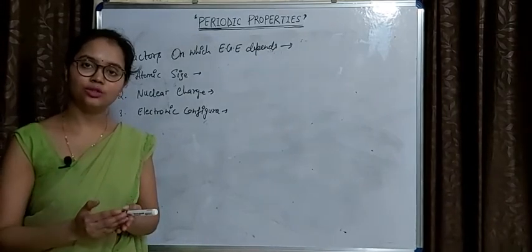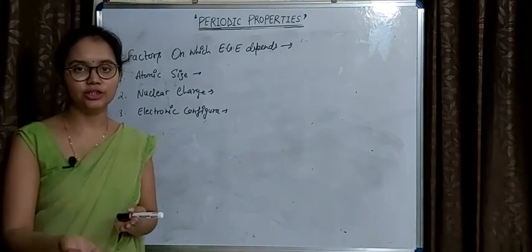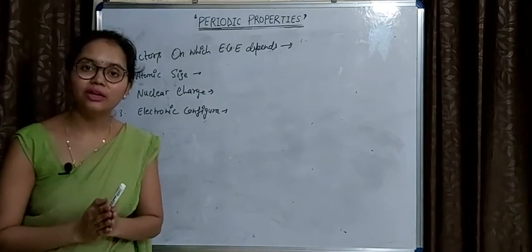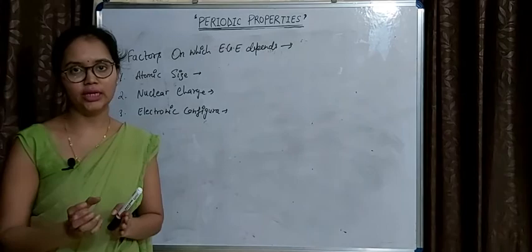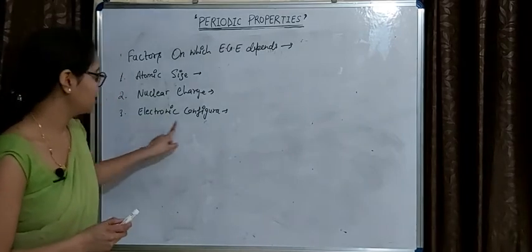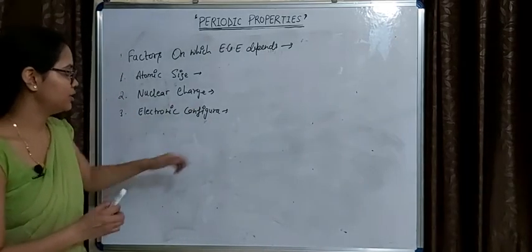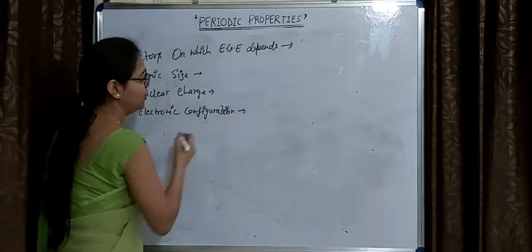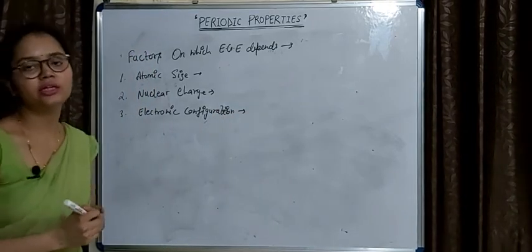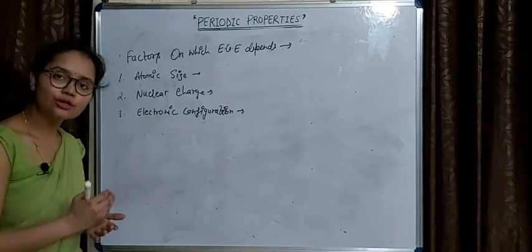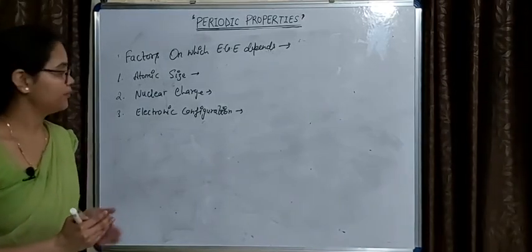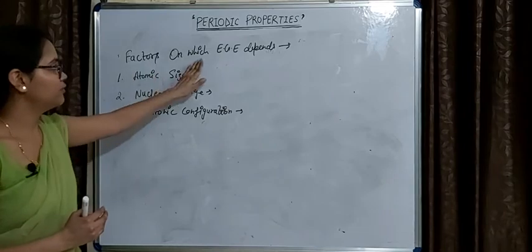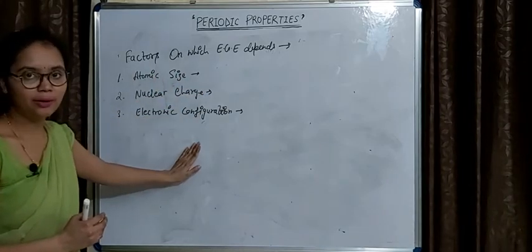In those cases we have to provide energy, so we will get positive electron gain enthalpy. If an element has a stable electronic configuration, then we will get positive electron gain enthalpy. So these are the factors on which electron gain enthalpy depends.